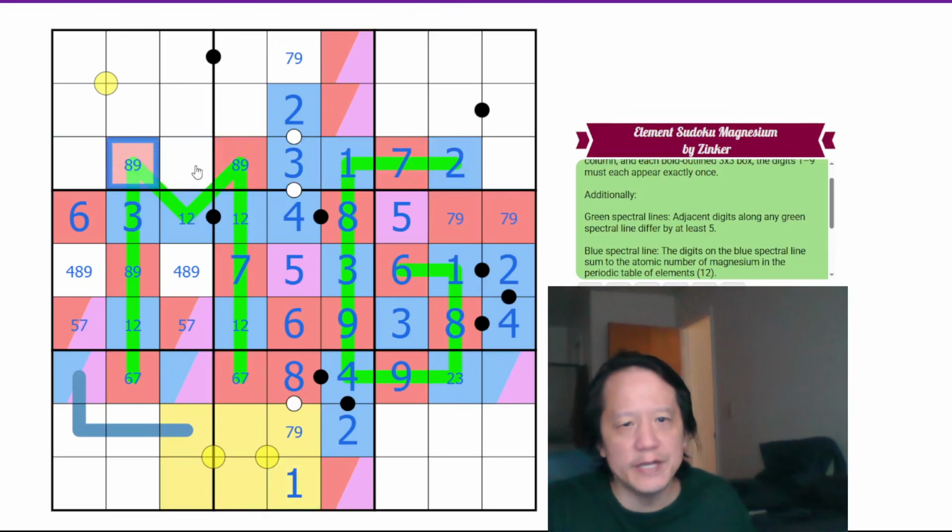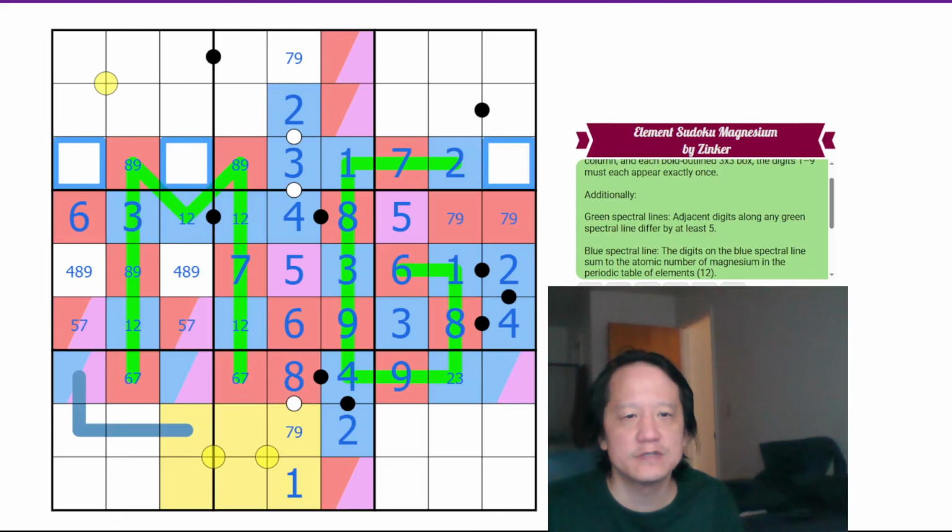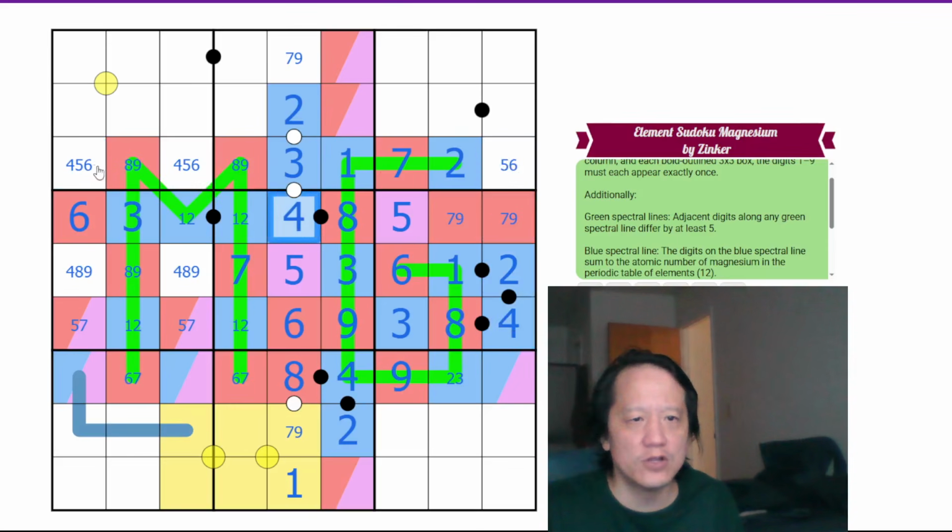Also means remaining digits in row 3 have to be 4, 5, and 6. So no 4 available here because of 4 in the column. No 6 available here because of 6 in the column. Let's see.